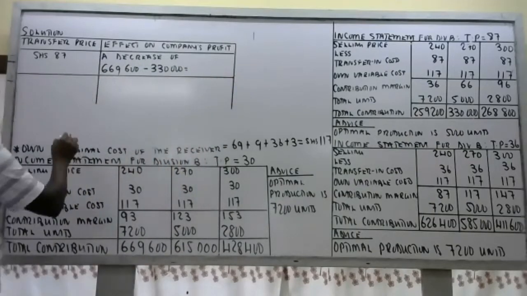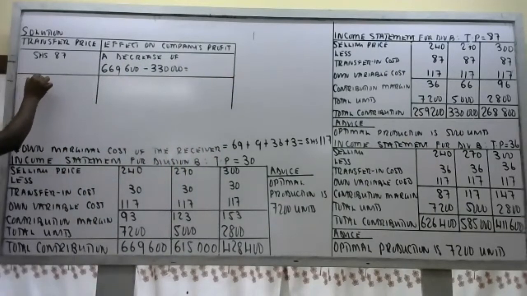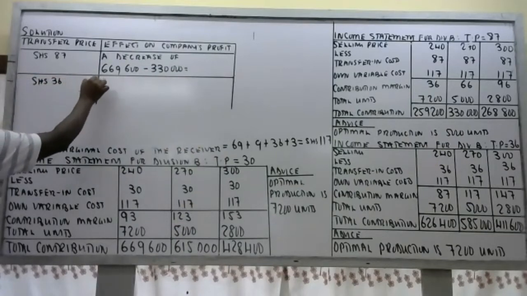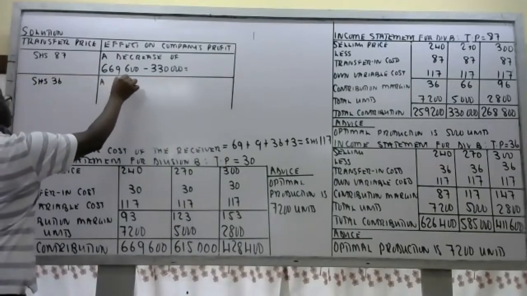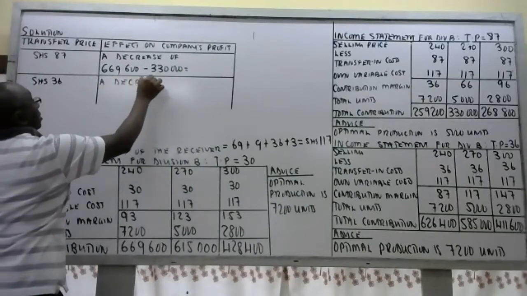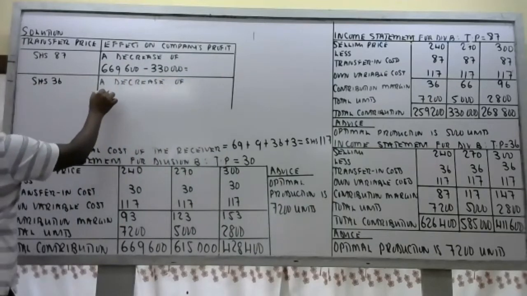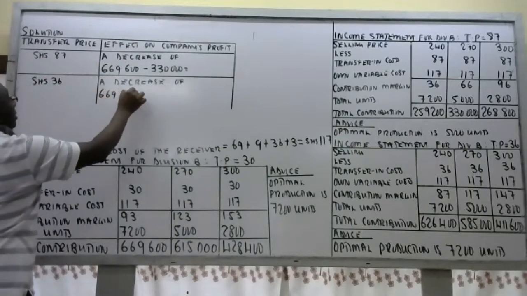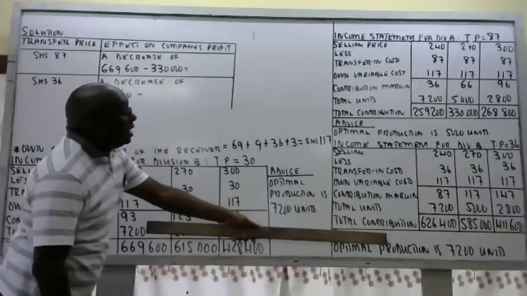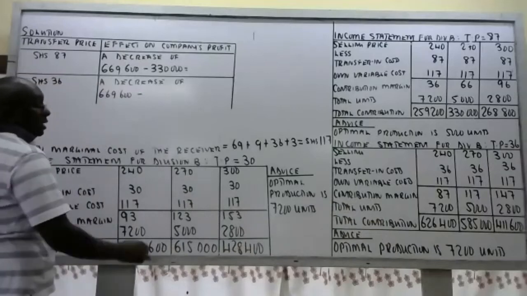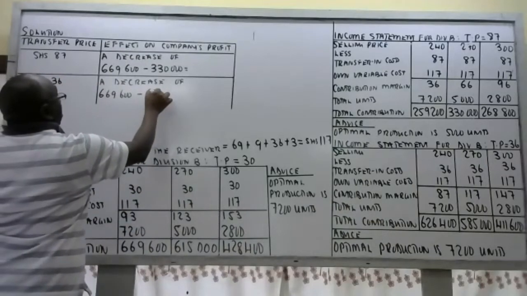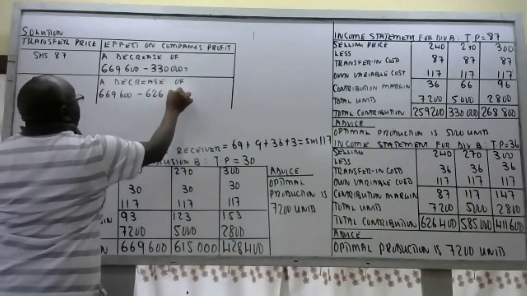So the same case here, shillings 36 is a decrease of, you take this one, 669,600, minus the best year. The best year is 626,400.